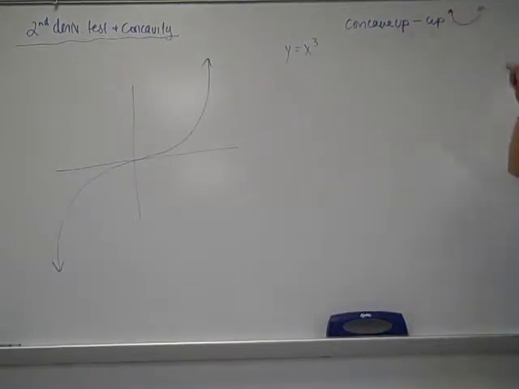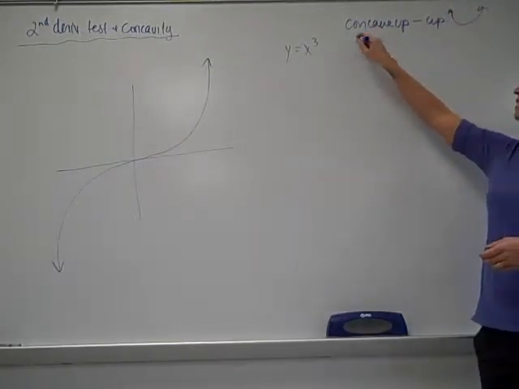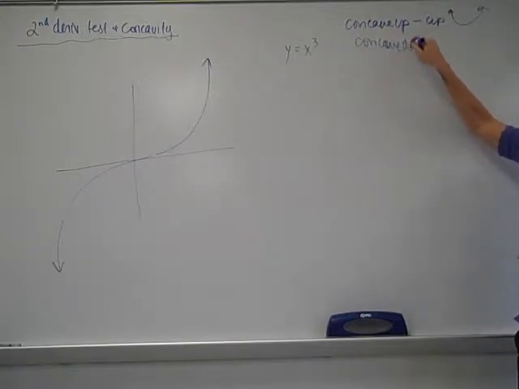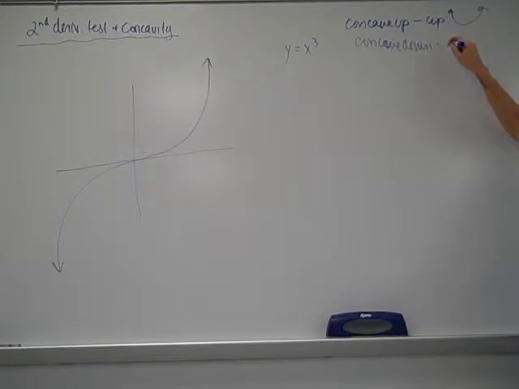So it's when something is like that. Concave down looks like a frown. So it's basically talking about what that curve looks like, whether it's a smile or a cup or whether it's down like a frown.